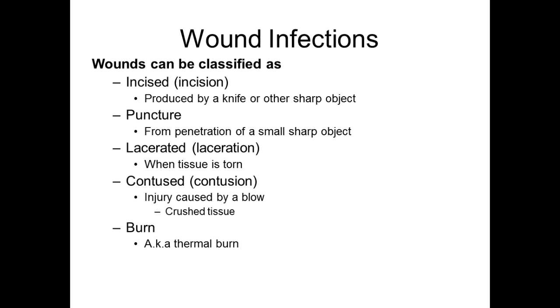And burns have to be some of the worst, right? Thermal burns we're most aware of, right, by heat, but chemical burns can happen sometimes too. And when it's burnt, whether chemically or by heat, thermal, that tissue is dead, right? So that creates an anaerobic environment as well.